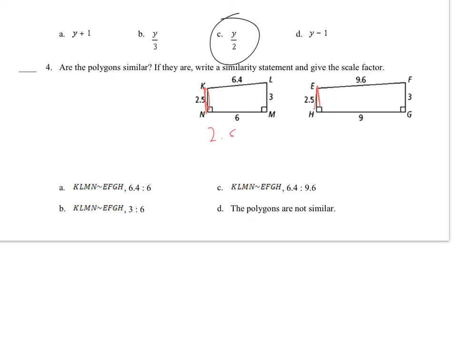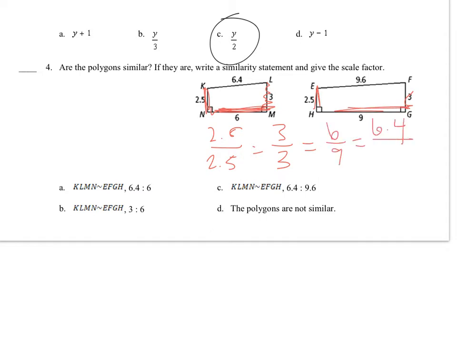So 2.5 over 2.5. Next, I'm going to take my next largest over my next largest, which would be 3 over 3. Next, I'm going to take my third largest over my third largest, 6 over 9, and my largest over my largest.